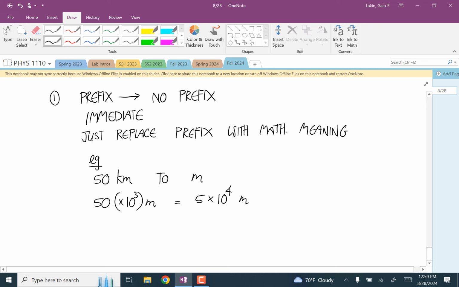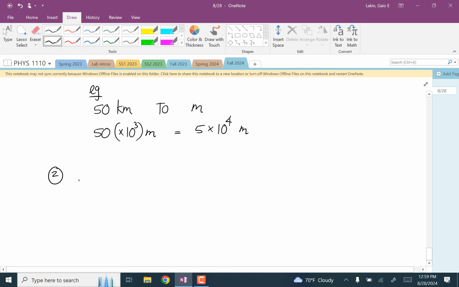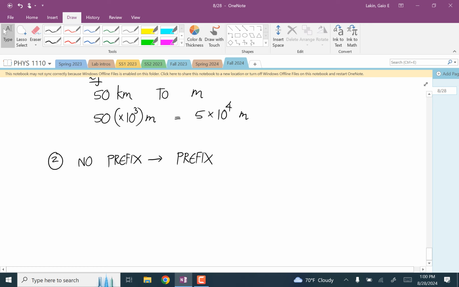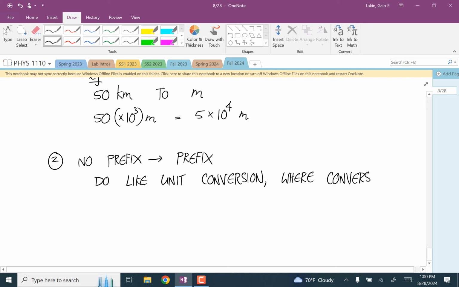So if you're starting with no prefix and going to a prefix, you're going to do it like a unit conversion, where the conversion factor uses the prefix definition.